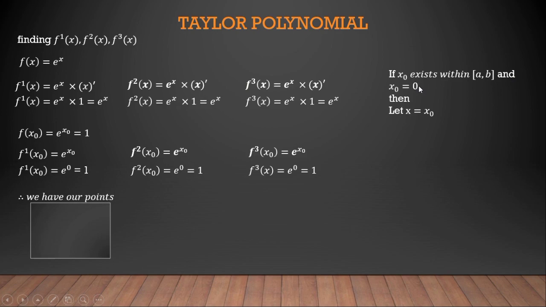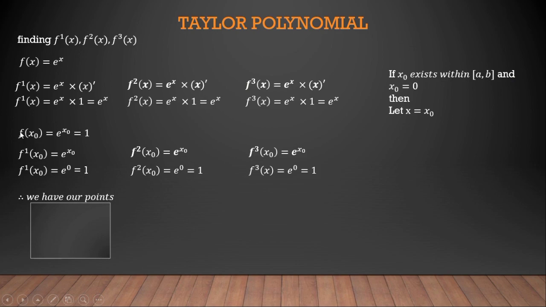So if x naught is equal to 0 within the interval a comma b, then let x be equal to x naught. If x equals x naught, then we replace wherever there is x within the function with x naught, and if x naught equals 0, then e to the power 0, any number raised to the power 0, is 1.